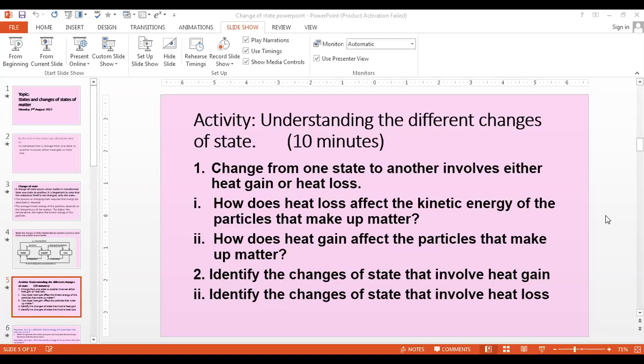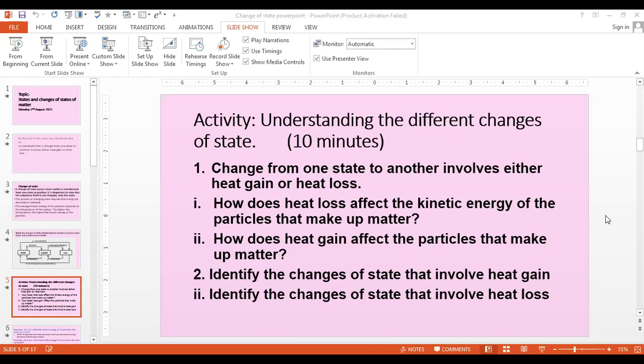I think for Roman number one, heat loss reduces or lowers the kinetic energy of the particles. And then Roman number two, how does heat gain affect the particles that make up matter? I think it increases the kinetic energy.